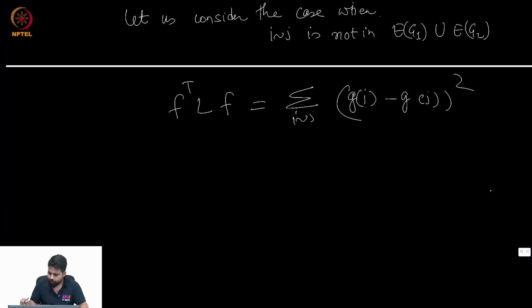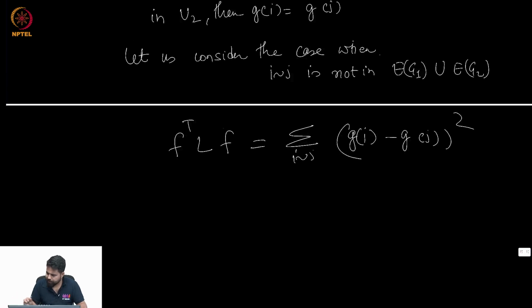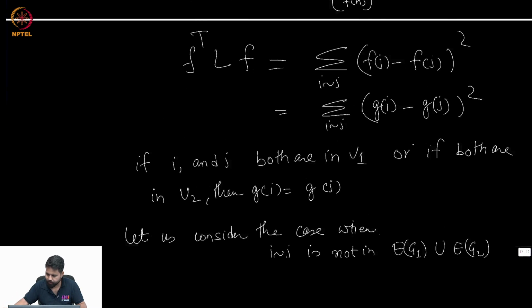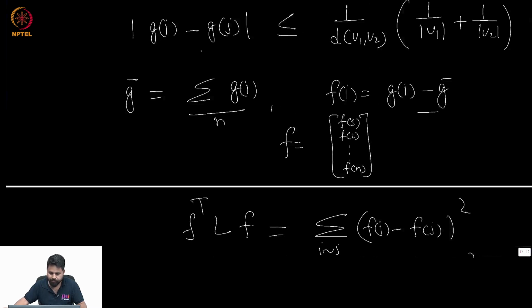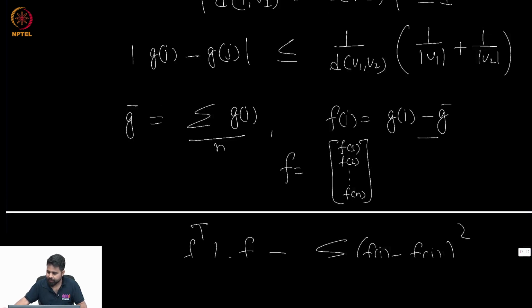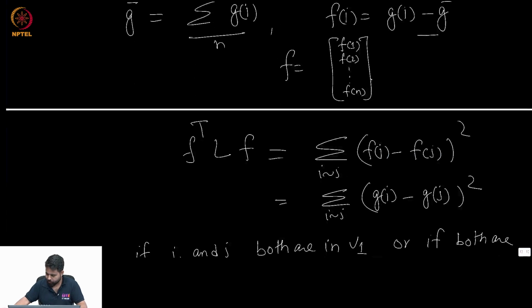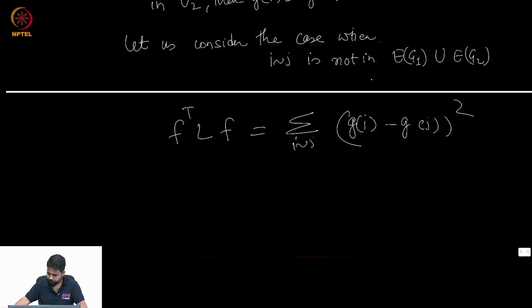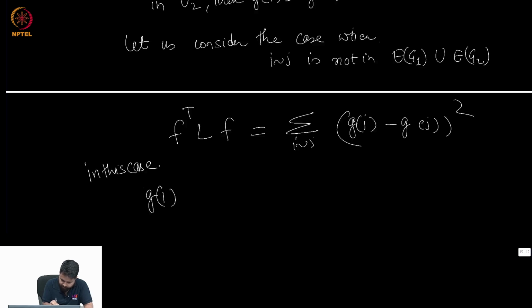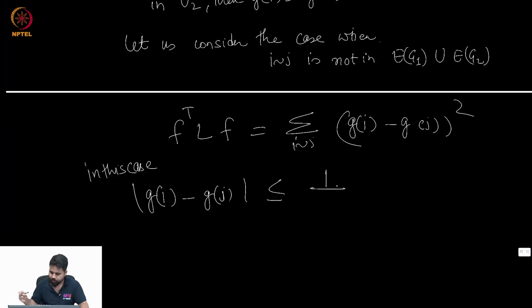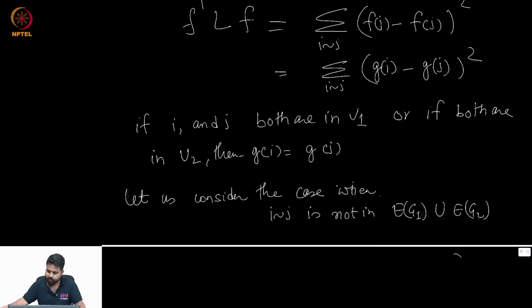Now what will this difference be? We have already seen one inequality for this, which holds when there is an edge between i and j. So for any i and j, the absolute value of g_i minus g_j is always less than or equal to, let me say it again, what was that inequality?